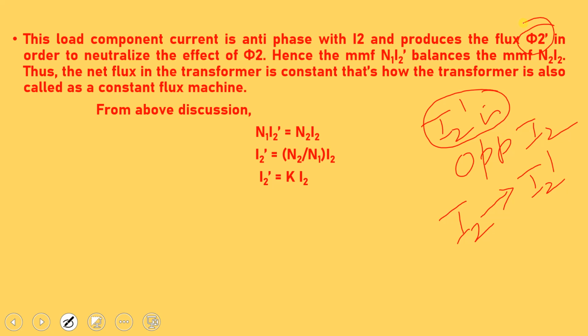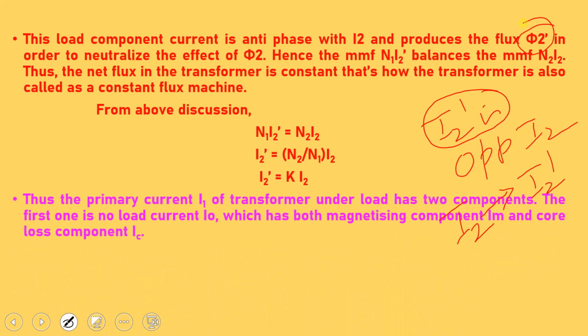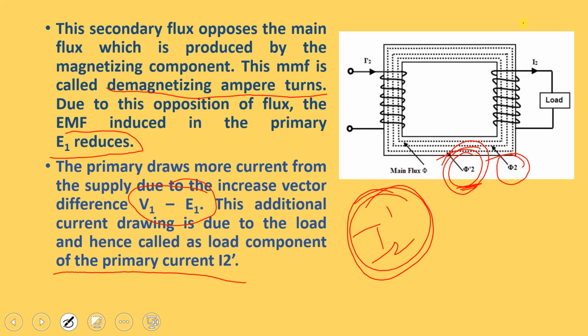In simple words, when the circuit is complete, the current I2 is produced on the secondary side. Because of this secondary current, a magnetomotive force N2 I2 is produced, and this produces the flux phi 2, which flows in the opposite direction to the main flux.